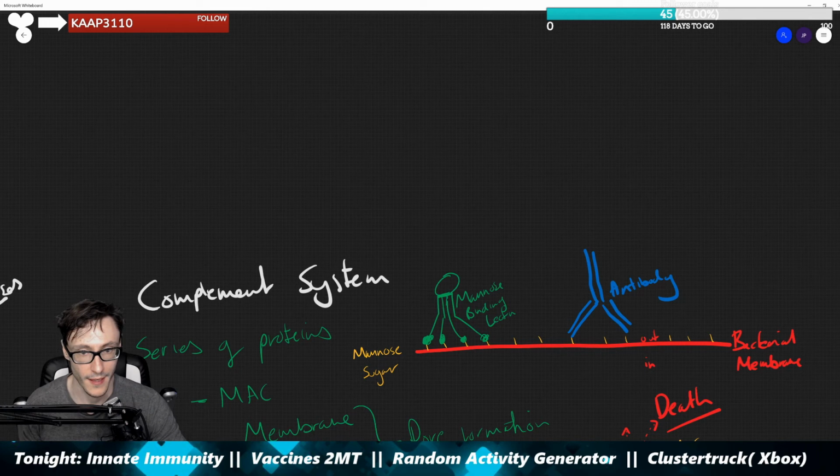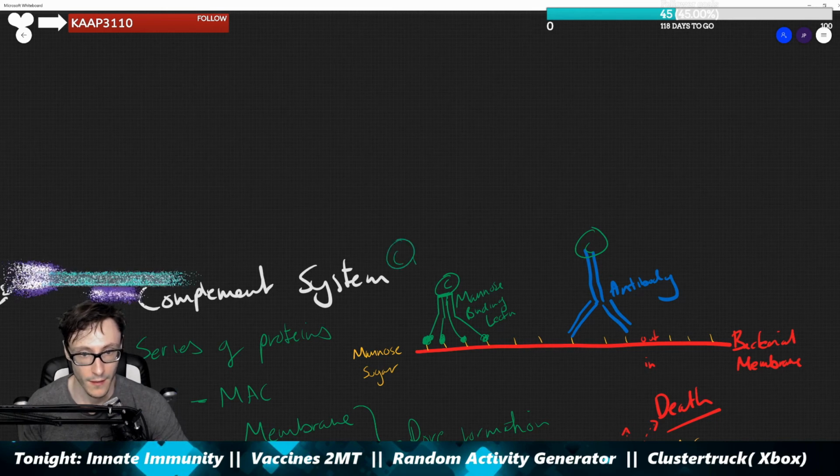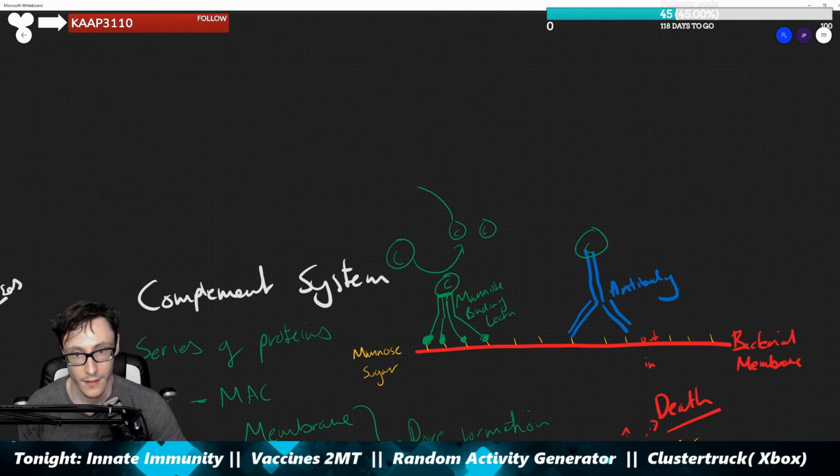We represent that, say, I'm not going to give the actual numbers, but say that is C, and anything with C on it is just part of the complement cascade. What you get is that will convert this into two things, which will convert that into another two things. This is the way it goes, and so on and so forth.